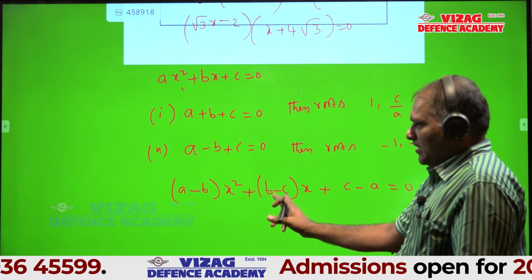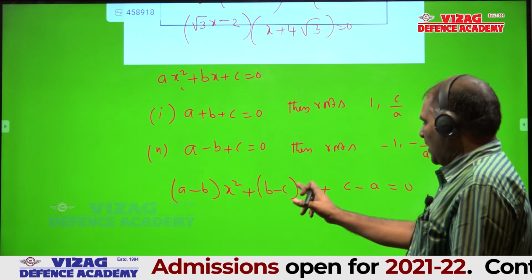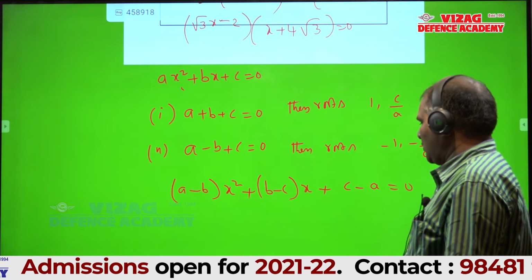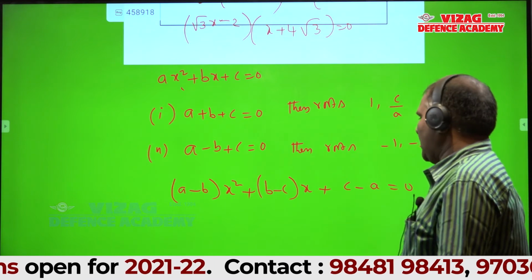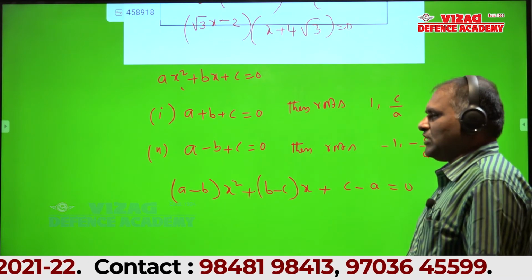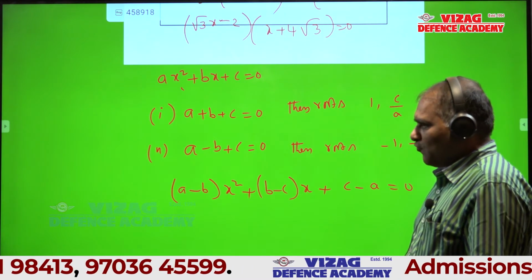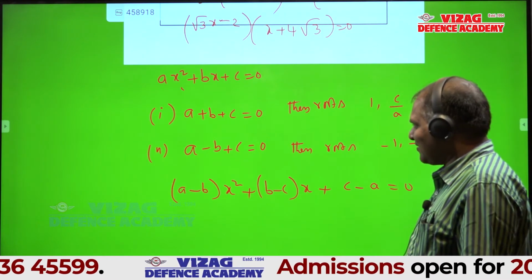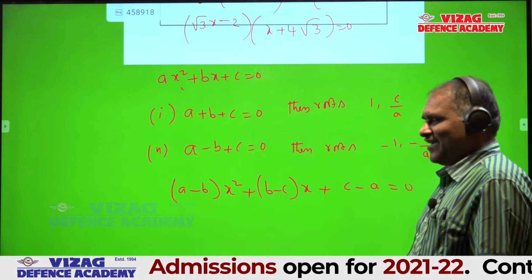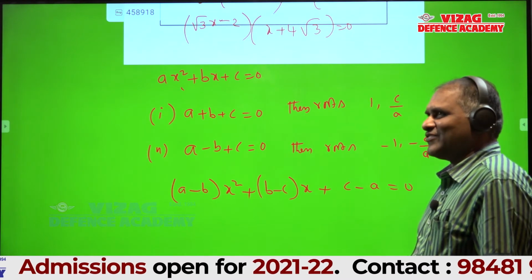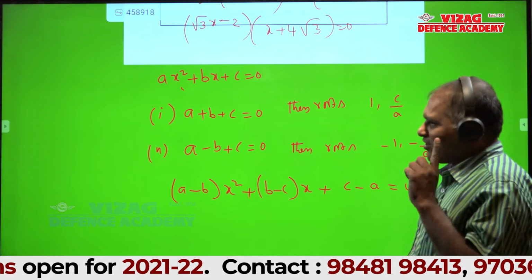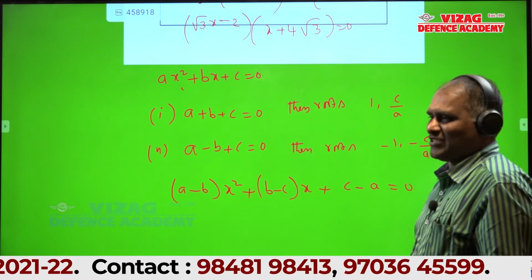The sum of coefficients, A minus B plus B minus C plus C minus A, is 0. So 1 comma C by A are the roots of this equation? 1 comma... No, one root is correct. 1 is the one root.